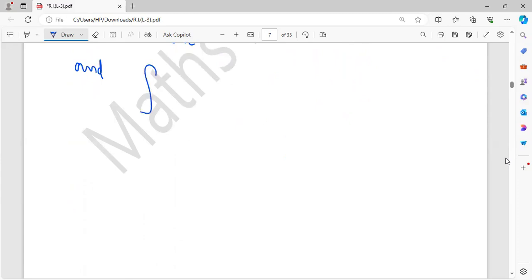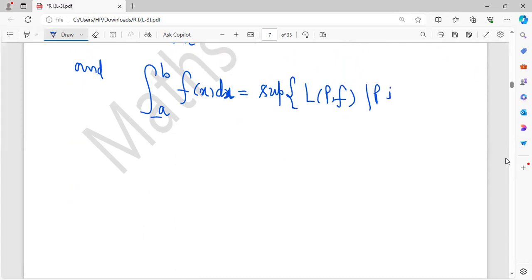And the lower integral is the supremum of L(P, f), where P is a partition of [a, b].